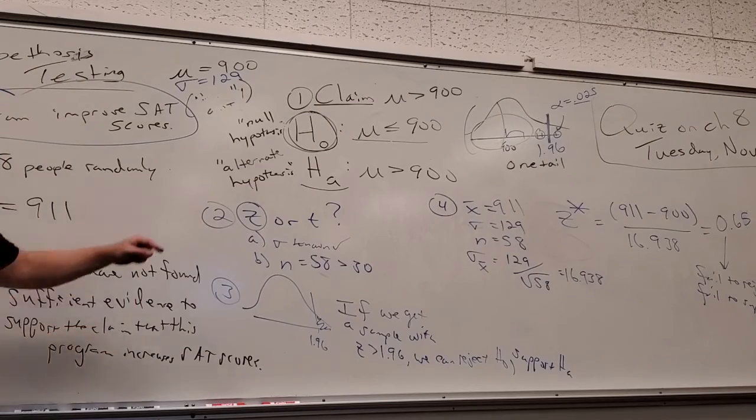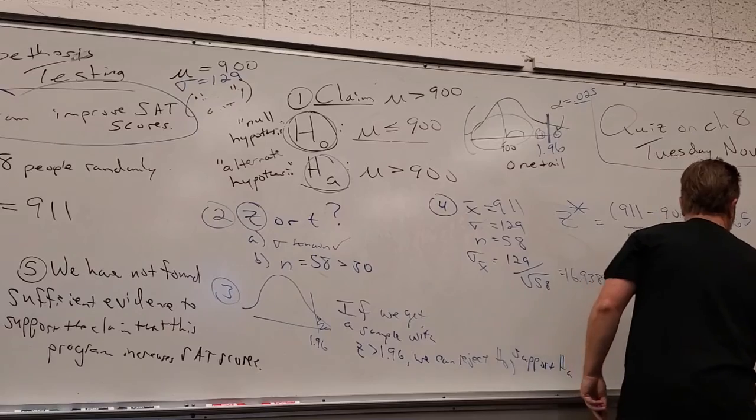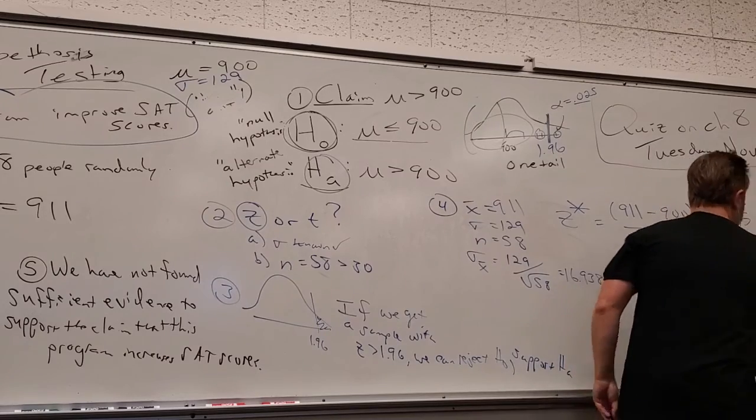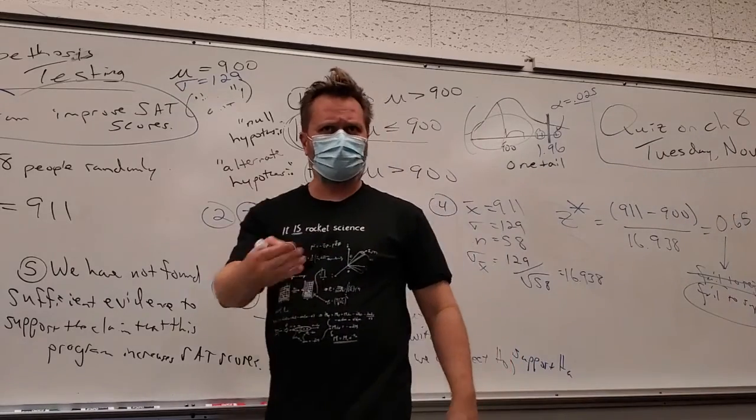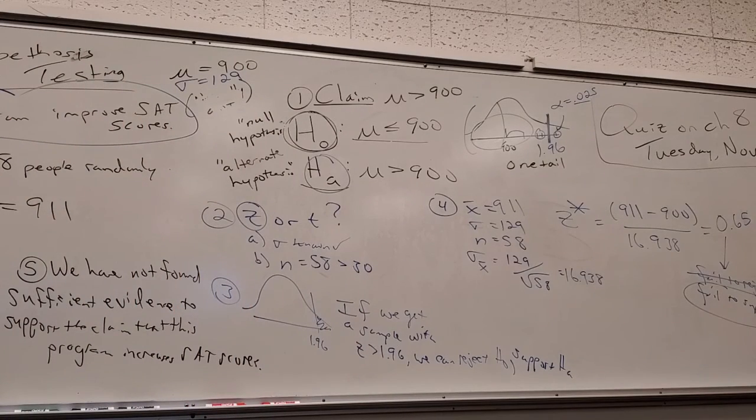The key thing is, my claim was the Ha, so I'm going to use this language, not that language, because I want to talk about the claim. On a quiz or a test, it would basically be those 5 steps, just with less explanation.